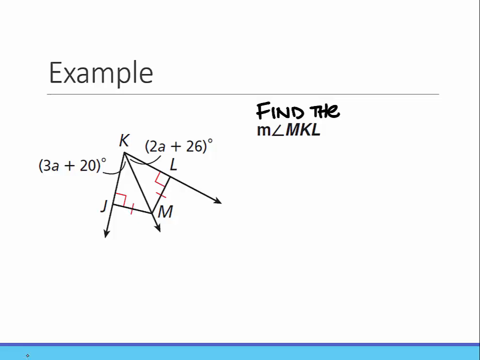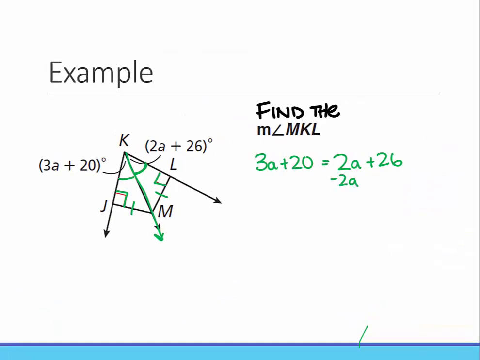Let's do another one. Find the measure of MKL. So we're looking for this angle right here. Again, because we know that these are congruent and these are perpendicular, these angles have to be equal. KM has to be your bisector. So because of that, I know that 3A plus 20 has to be exactly the same value as 2A plus 26.